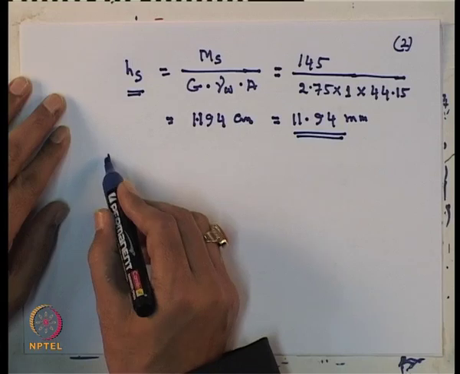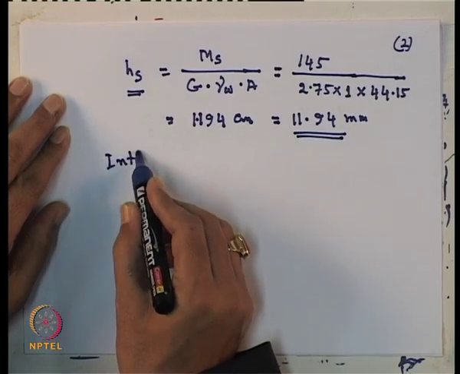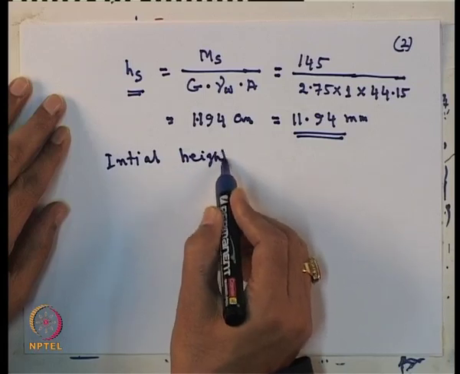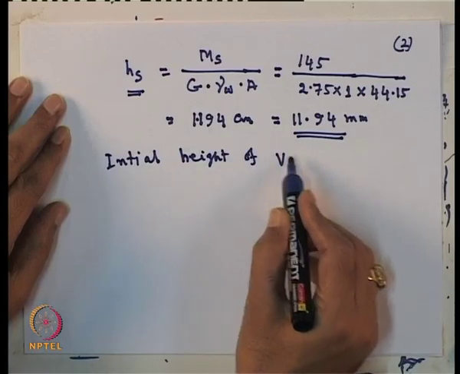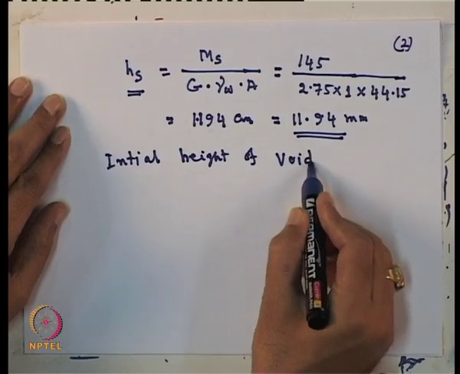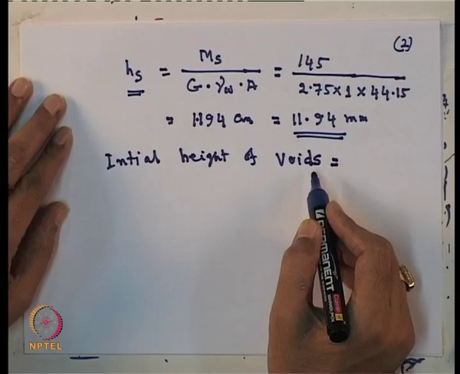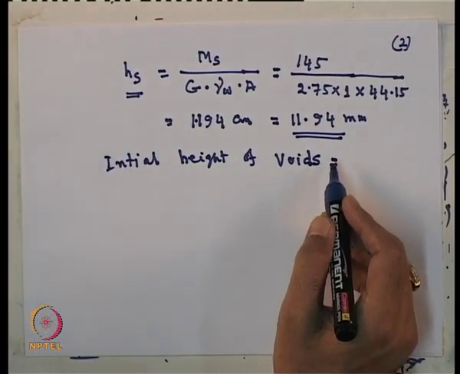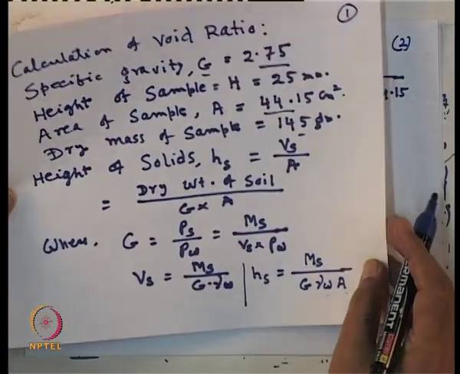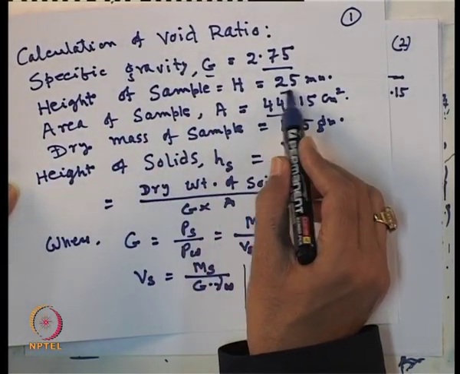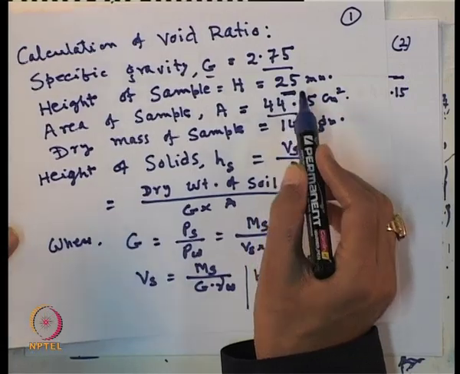Now, you should know the initial height of void. We know that in the beginning the height of the sample was 25 millimeter.